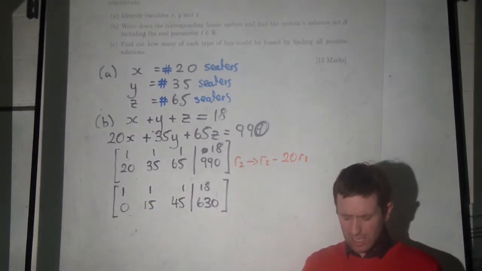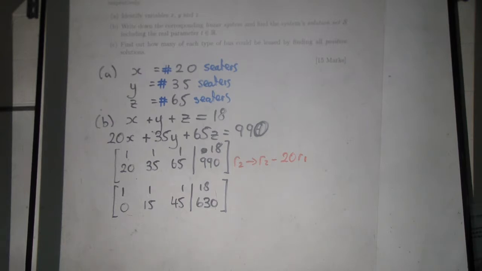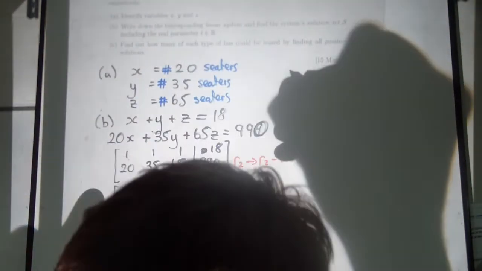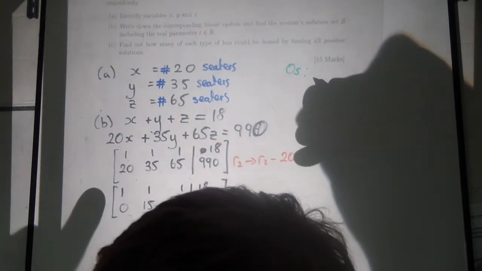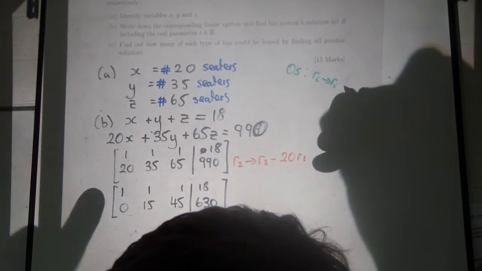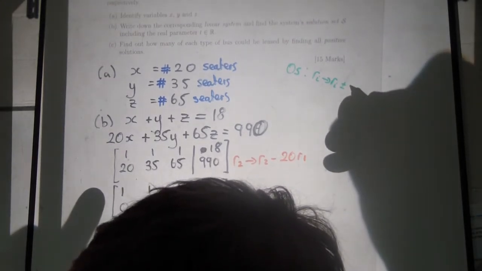You get minus 14. So to make ones, you'll pretty much always multiply or divide. Let's write that down here. To make zeros, you do a row sent to itself plus or minus a multiple of the pivot row.